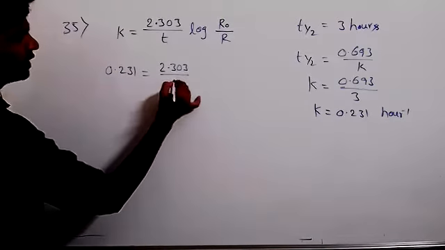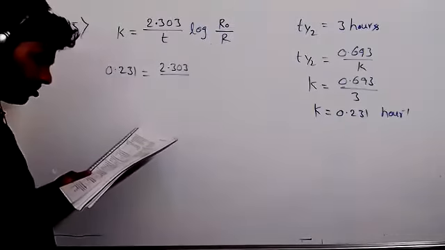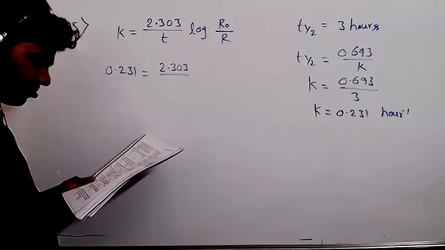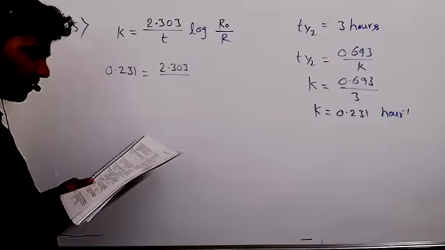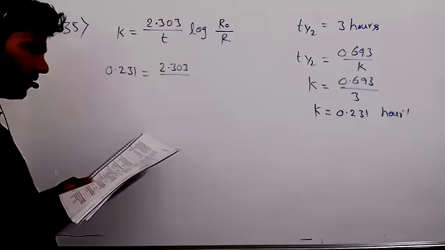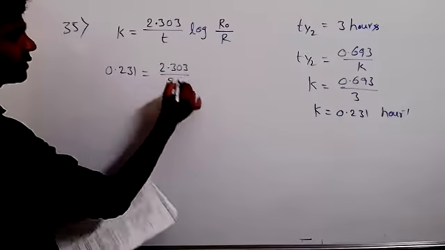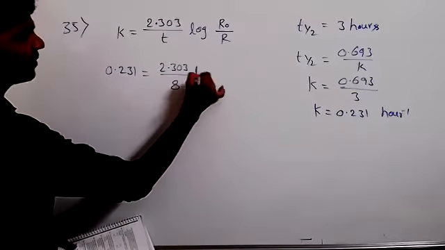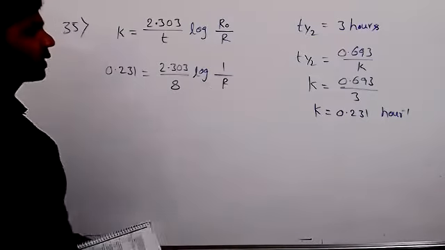We have to calculate how much reactant is left, what fraction of the sample of sucrose remains after 8 hours. Here the time we take is 8 hours, not t half. Take the initial concentration as 1, and the final concentration R we have to calculate.